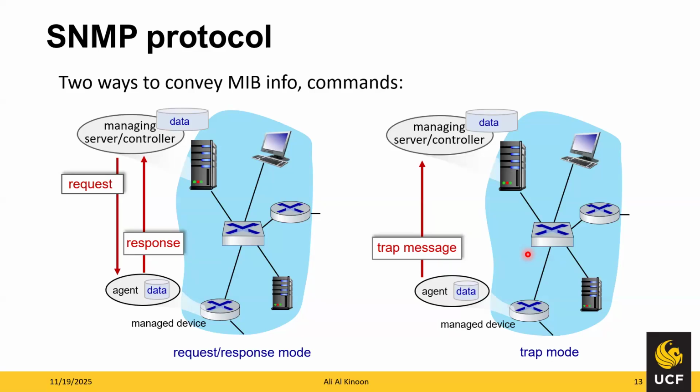So a trap gives the server real-time alerts without constant requests. Most SNMP deployments use a mix of both, based on the event or the typical behavior of the admins.